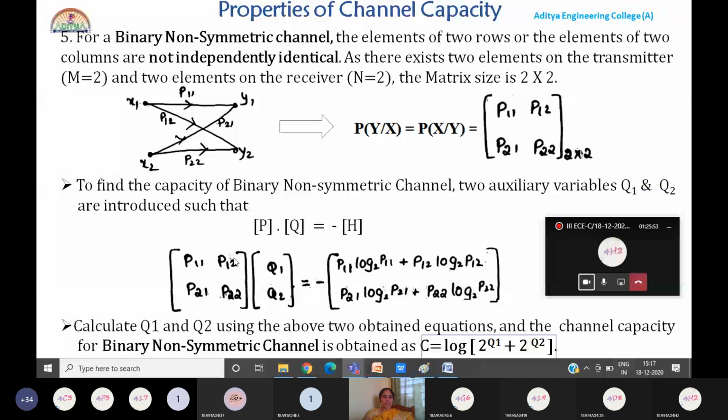What is the probability matrix? It is P11, P12 on the first row, P21 and P22 on the second row, and the Q matrix is Q1, Q2.